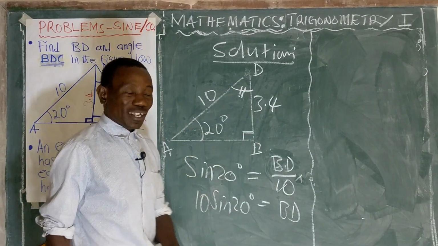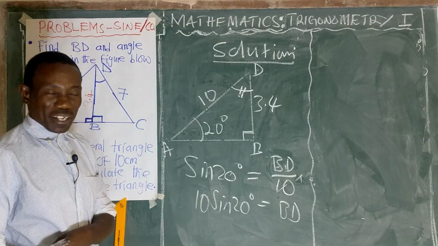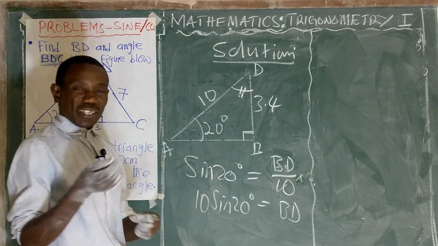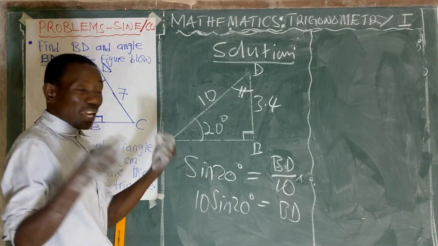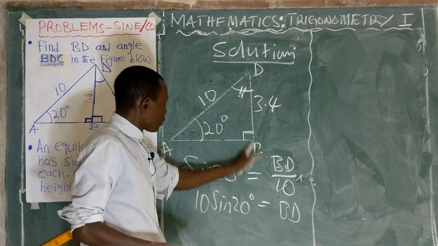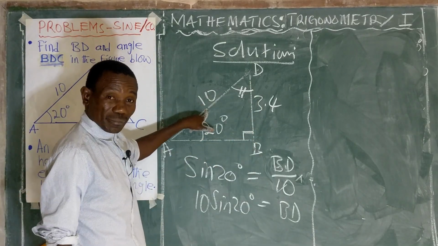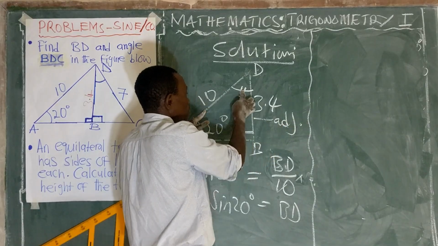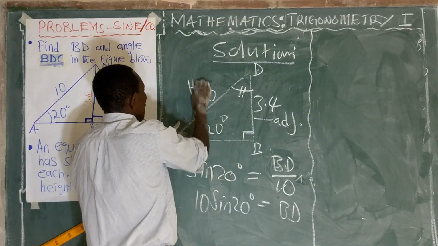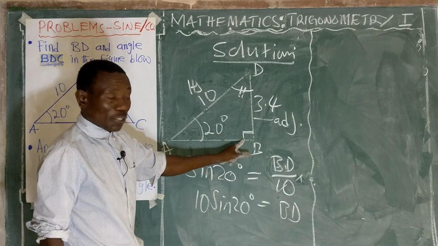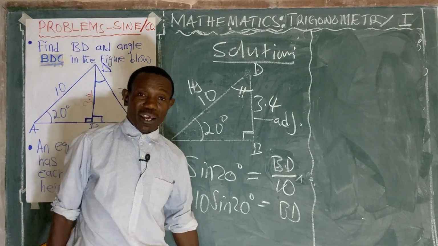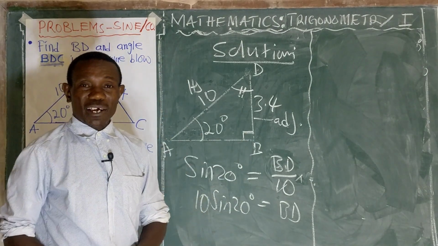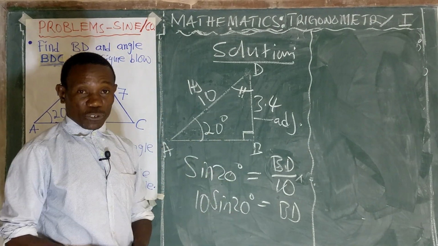So which relation involves the adjacent and the opposite side at the same time? This is adjacent, and this is the hypotenuse. You'd find that the ratio required there is the cosine ratio.